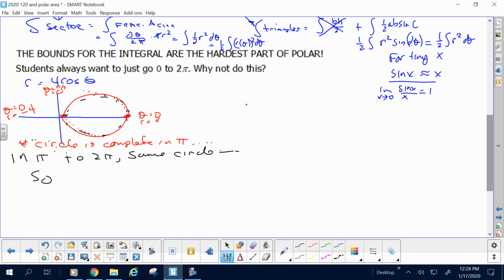So if you did, area is 1/2 integral of r squared, and you say, oh, screw it, I'll just go 0 to 2 pi because that's the whole figure, this would not give you one circle, it would give you 2. Put it into your calculator, please.